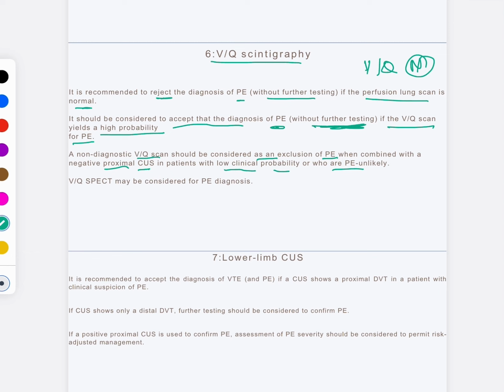So, if there is a low clinical probability, a negative proximal compression ultrasonography, and the VQ scan is non-diagnostic, you can exclude pulmonary embolism. VQ SPECT may be considered for the diagnosis of pulmonary embolism.